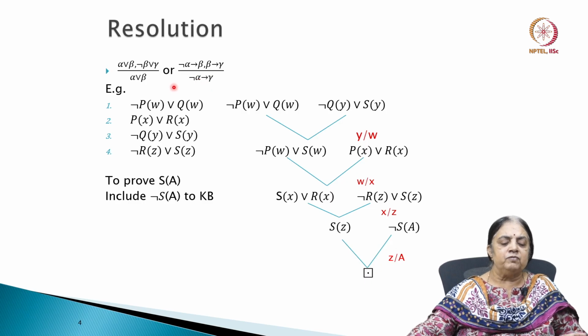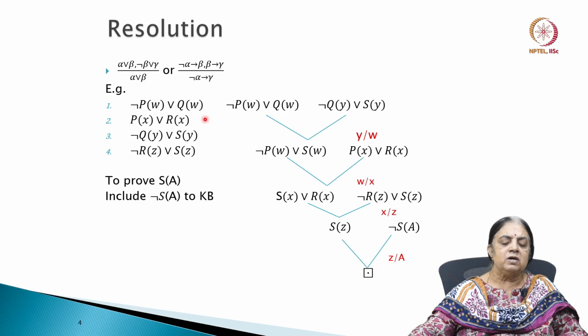So in the case of predicate logic, you may have, for example, sentences like this. You can have only or in each of these sentences. So it is something like not P of W or Q of W, that is one, and P of X or R of X, and not Q of Y or S of Y, etc. So this is what is known as the conjunctive normal form.